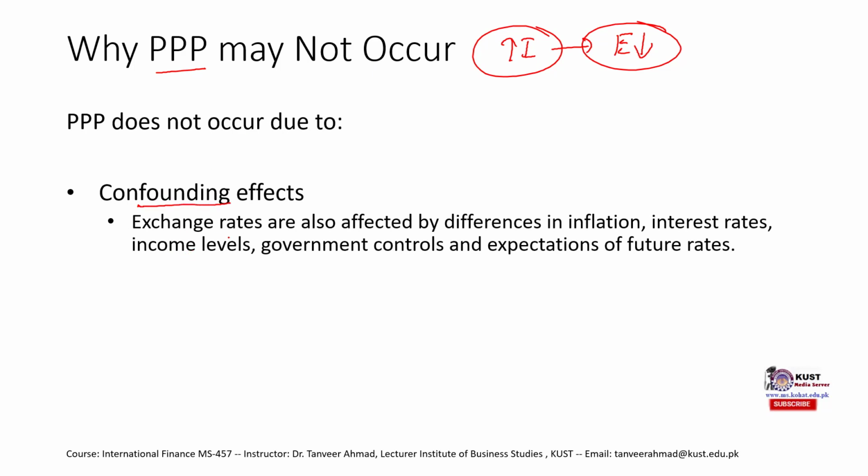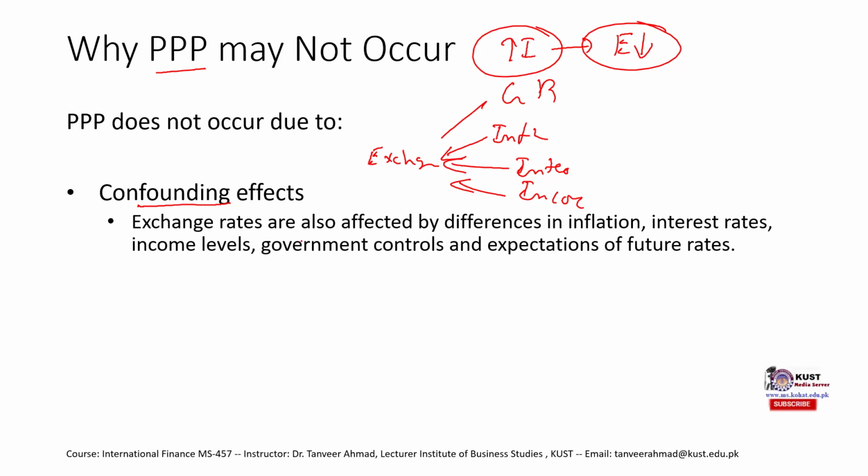What this means is that the exchange rate is not only affected by inflation. There are lots of factors that affect the exchange rate, right? There is income, there is interest rate, there is government restrictions, there is speculation in the currency.